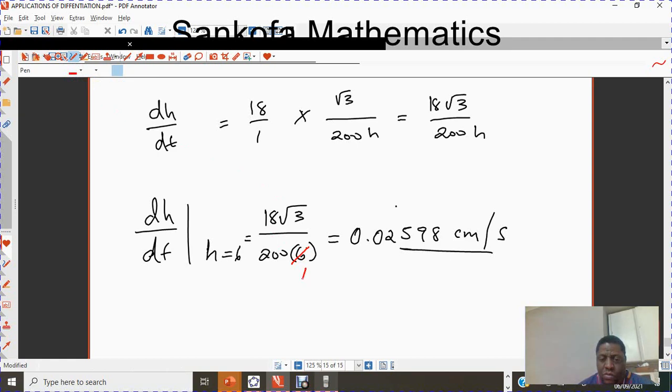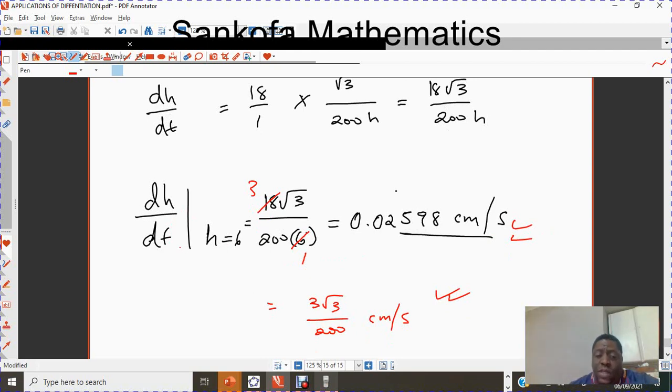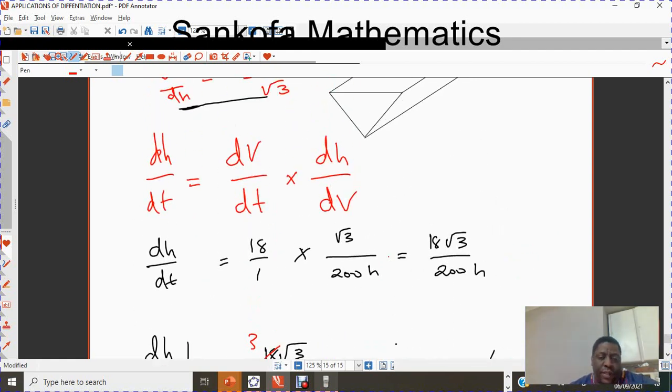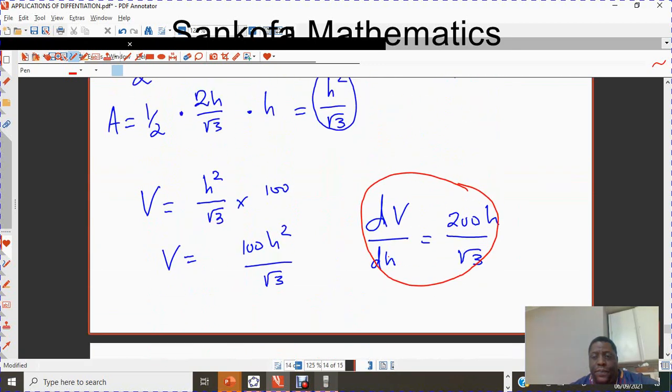You can say 6 goes there once, 6 goes there 3 times. Someone else can say 3 root 3 over 200, and that is centimeters per second. Well, all of these will be exactly the same. So that's the rate of change of the height with respect to the time when the height is 6 centimeters. So that's the rate at which the water level rises at that particular height.